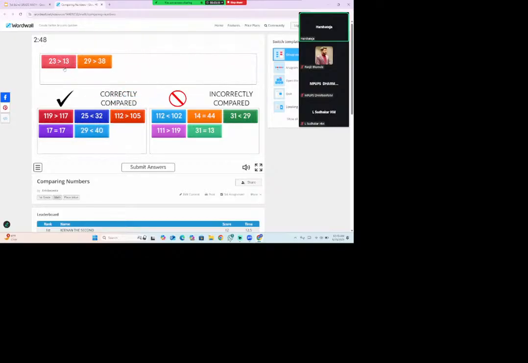23 is greater than 13. If you look at the tens place, 2 is greater than 1. 29 is greater than 38? If we look at the tens place, there's a 2 here and a 3 there. 3 is greater than 2, so the teeth should be pointing towards the 3.